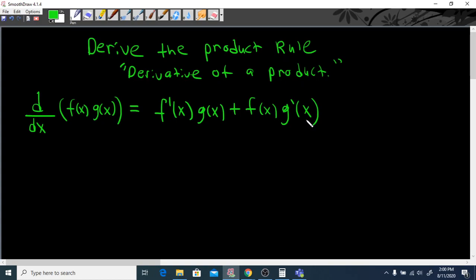So we add the contribution of change from each function being multiplied individually. Okay, so that's the result, and let's go through the proof. And then in the next video, we'll do some examples. Okay? So here we go.